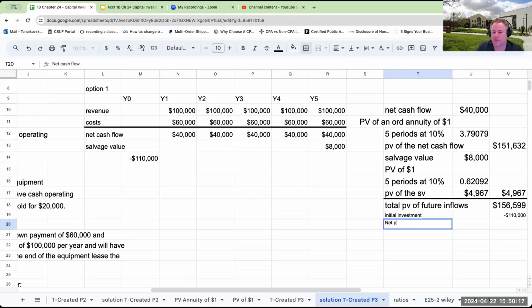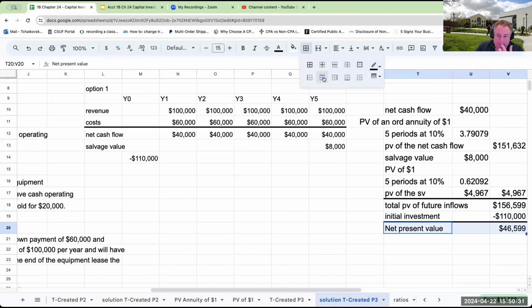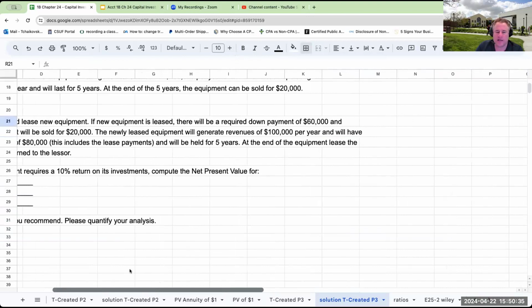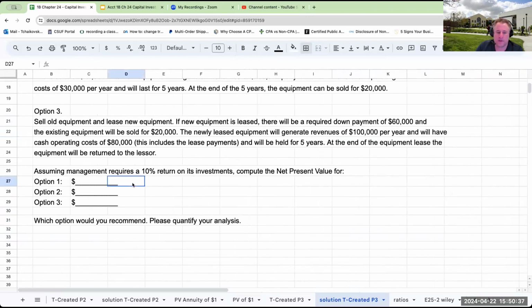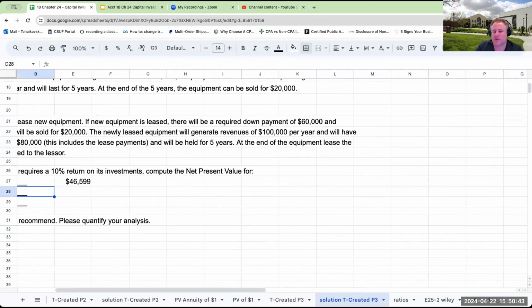So my net present value is going to be the difference between these two, or 46,599. Okay, so that's my net present value. So we'll go ahead and put this down over here. We'll add it to the tally. So option 1, my net present value is 46,599.